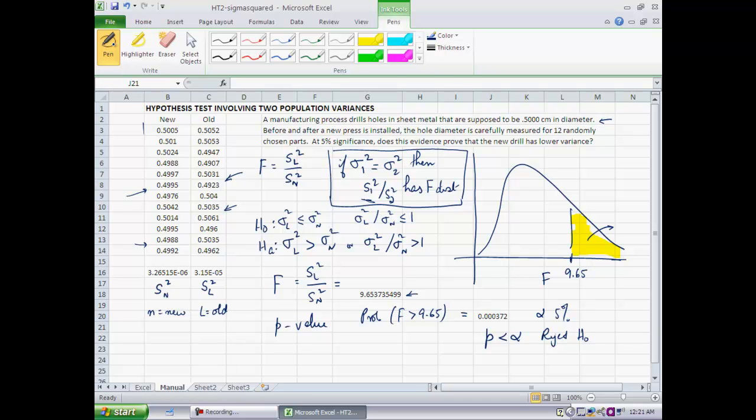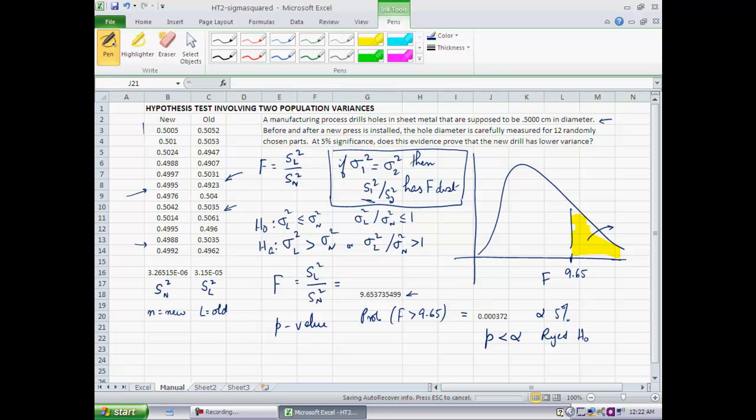We say, well, our assumption that we started off with must be false, so we reject the null. The entire analysis started off with the assumption that the null is true as an equality, and we are finding that under those conditions it's highly unlikely that I would get 9.65 purely by chance. There's always a very small chance that it did occur randomly, but that chance is 0.03%, certainly lower than the chance I'm willing to accept, which is 5%.